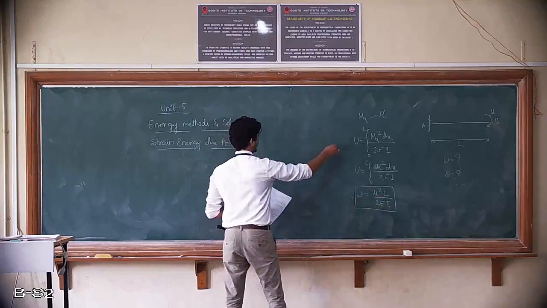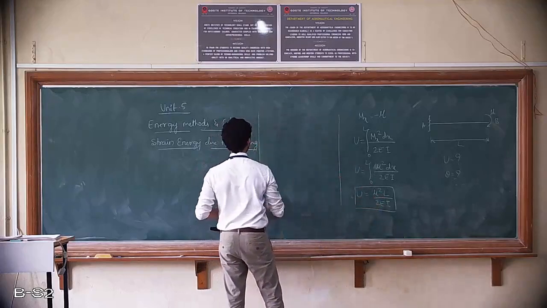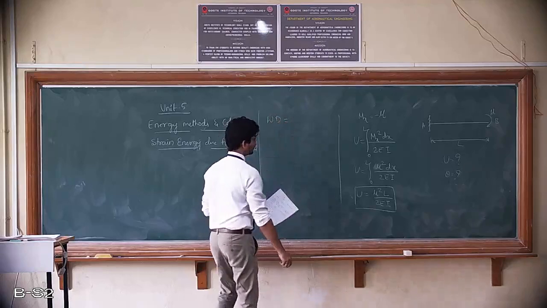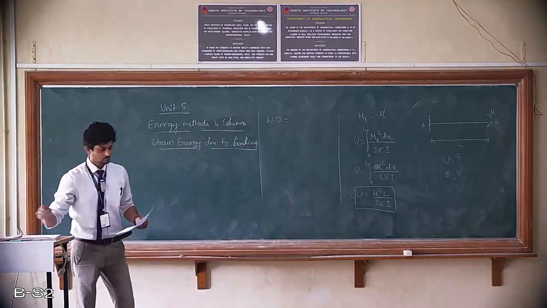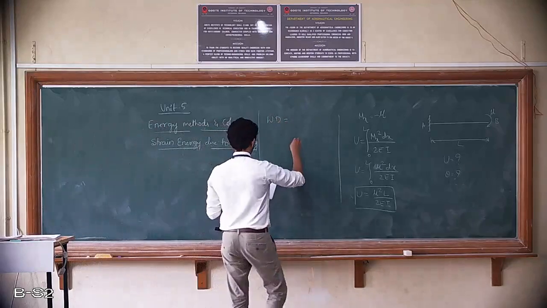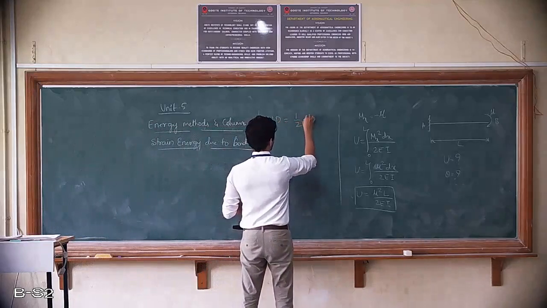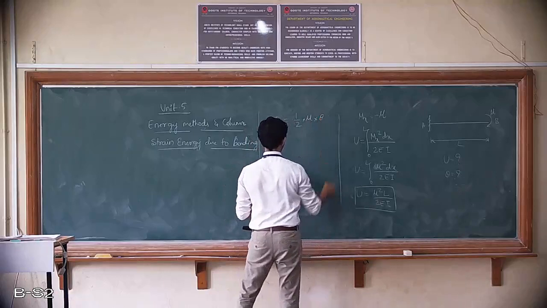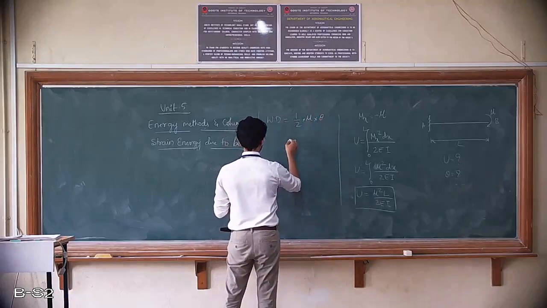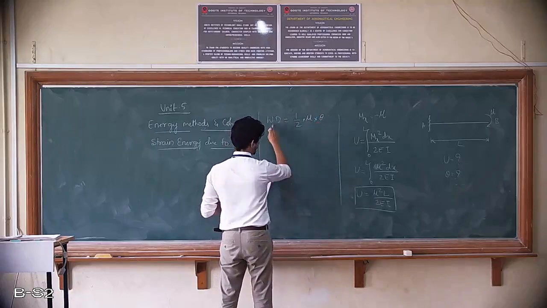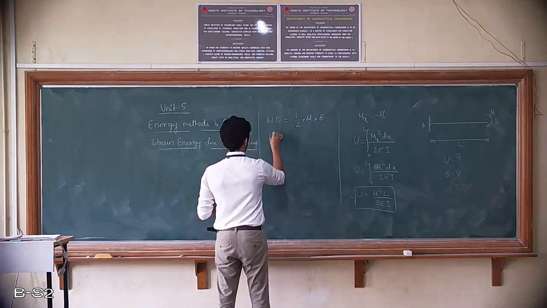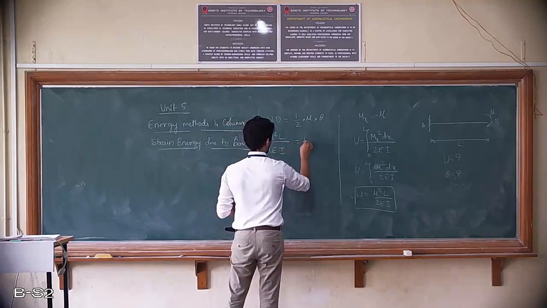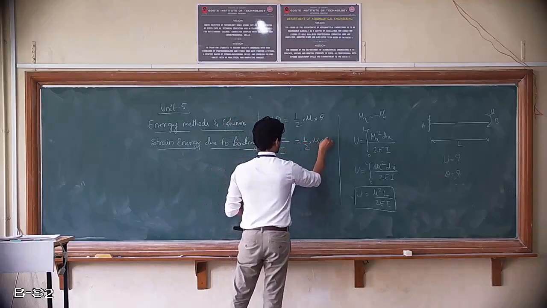Now again, let us define the work done here. Work done in terms of couple mu will be mu into theta. They have asked us to find theta, and the work done we just deduced, so it will be mu square L divided by 2 times EI is equal to half times mu into theta.